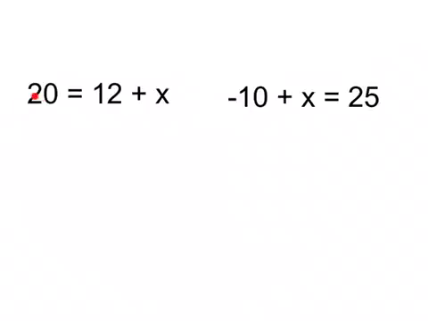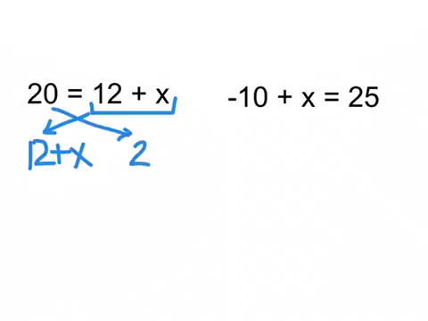Now, in these two examples, you'll notice that my x comes here at the end and here in the middle. So let's move 12 plus x to this side and move my 20 to this side.